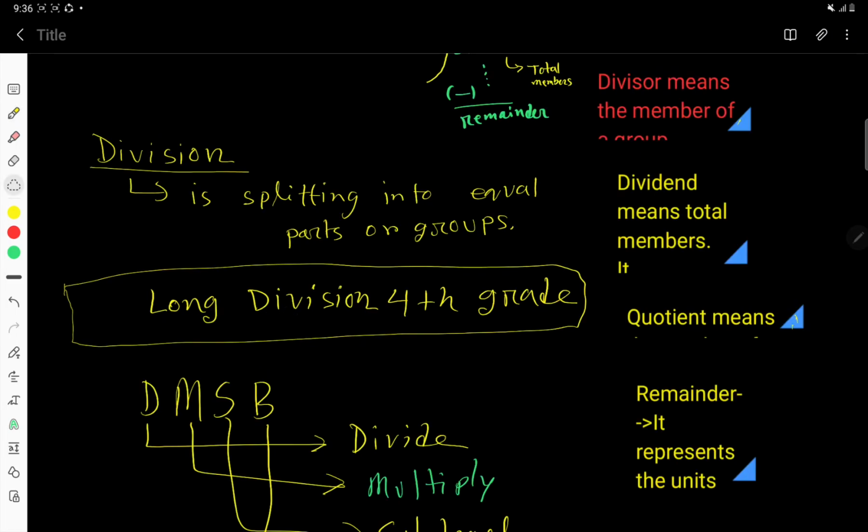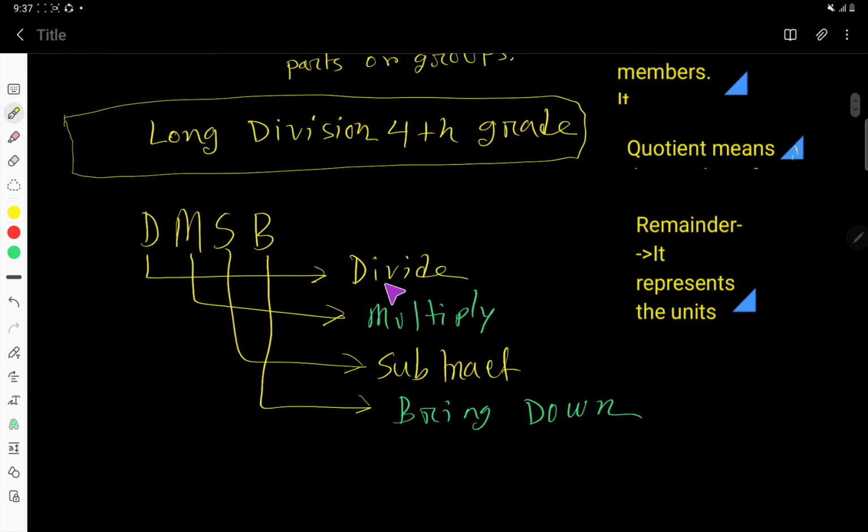Okay, now we'll learn long division for 4th grade. In this case, at first we'll do the division process, then multiply, then subtract, then bring down. That is DMSB. For long division, you can remember this DMSB.